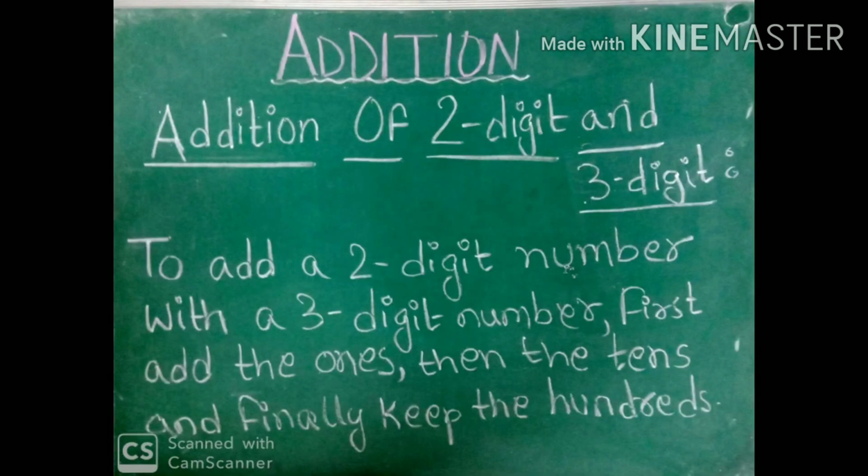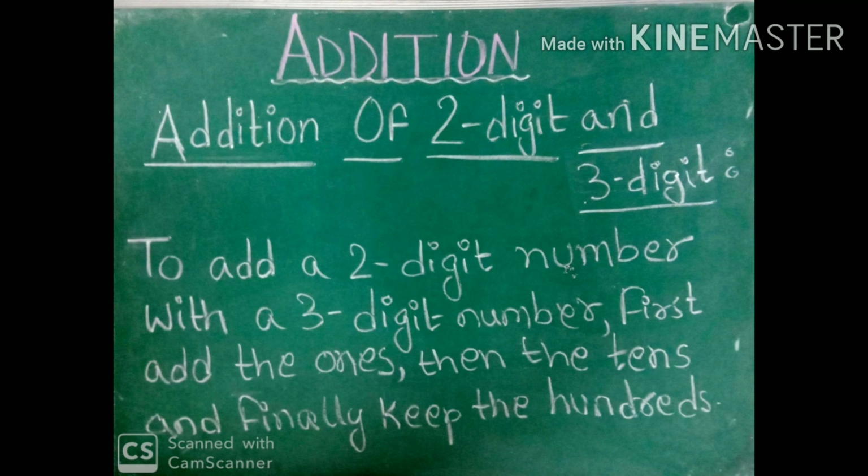Now, today we are going to learn 3-digit simple addition. As you now know counting in hundreds, let's get started. Addition of 2-digit and 3-digit numbers. For adding a 2-digit and a 3-digit number, we should remember some rules.